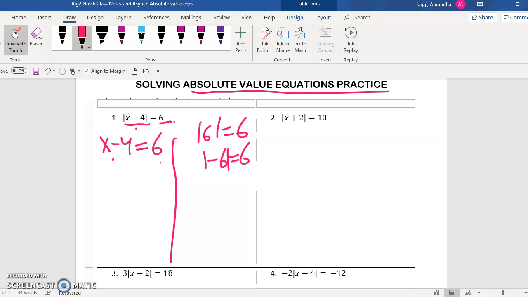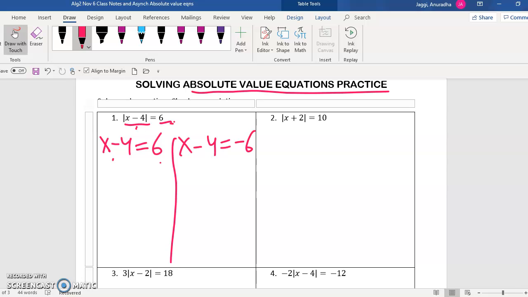I can also replace my x minus 4 with a negative 6 because that will also give me 6 as the answer. So the second part of the split will be x minus 4 is equal to negative 6.